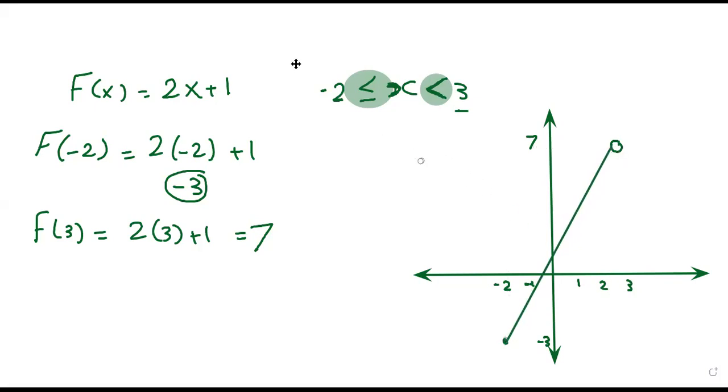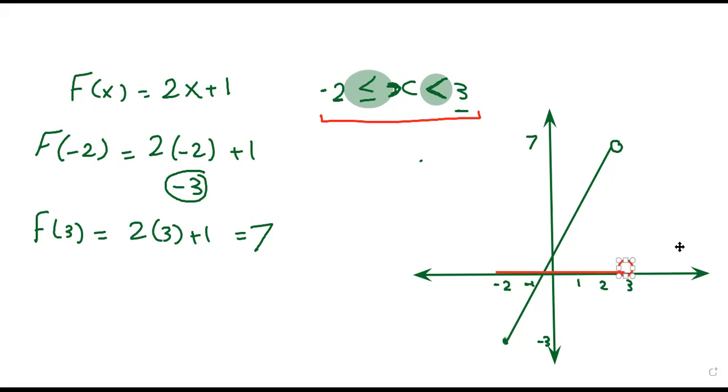So what is the domain again? The domain means all values of x we can get. For this function, we can get all values of x from -2 to 3. We can find all values from -2, but not 3. We couldn't find 3. Do you know why? Because 3 is not defined.